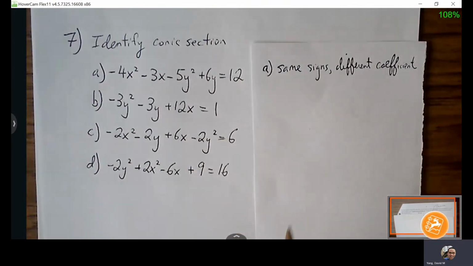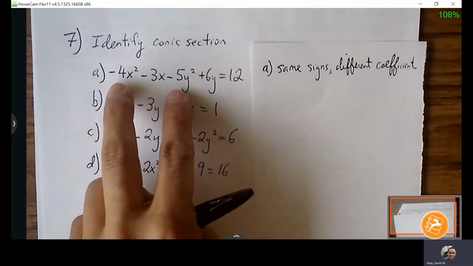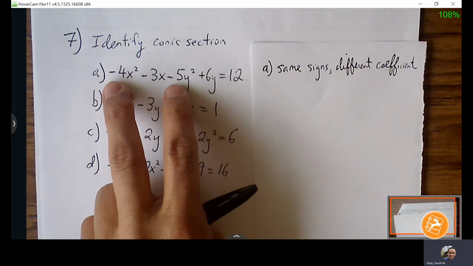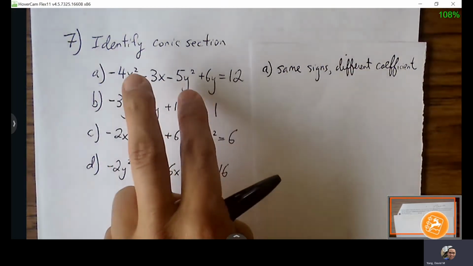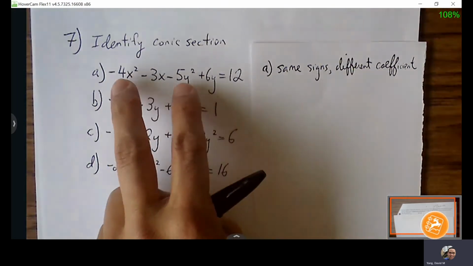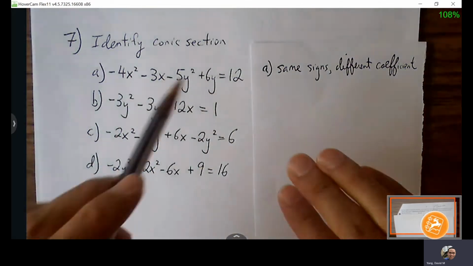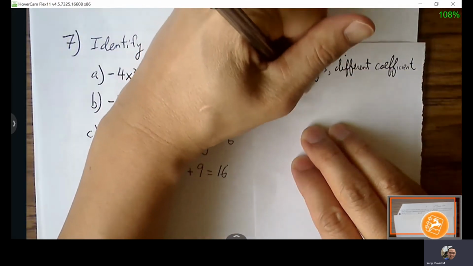So if we're dealing with same signs and different coefficients, what does that tell you? Not quite. It's an ellipse, yeah. A circle would be same signs and same coefficient. Everything has to be very restrictive with circles. So A is just going to be ellipse.